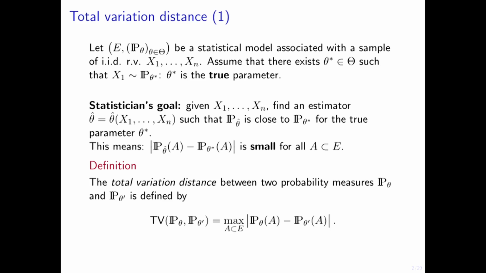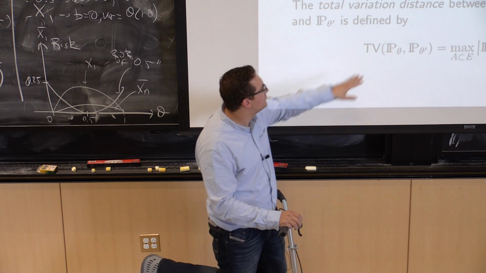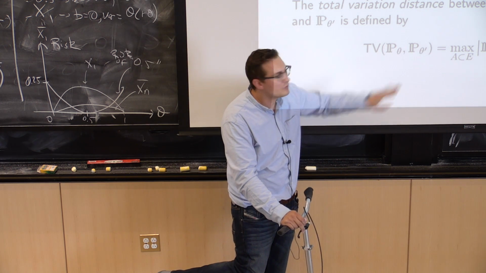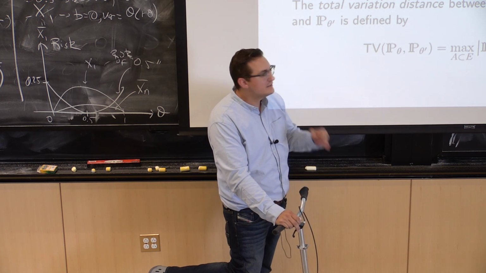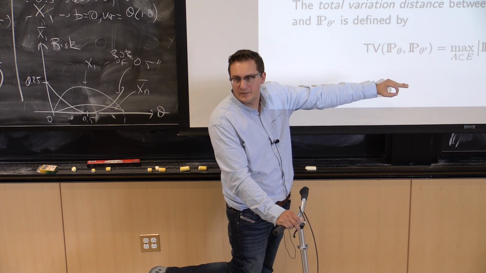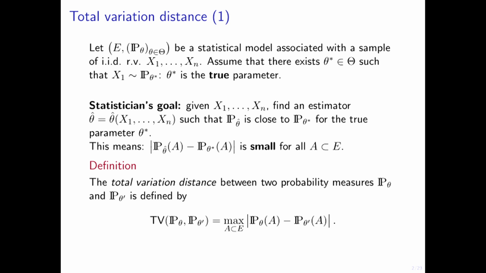Agreed? That's a pretty strong notion. So if the total variation between theta and theta prime is small, then it means that for all possible A's that you give me, p theta of A is going to be close to p theta prime of A.